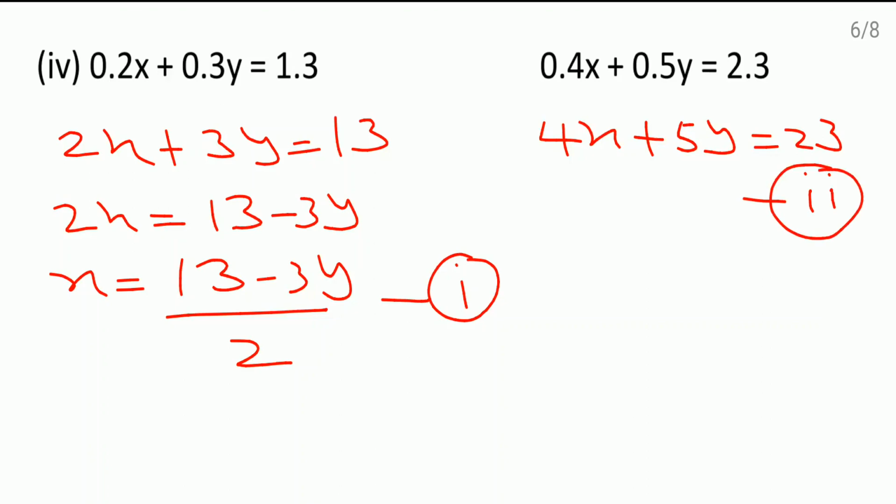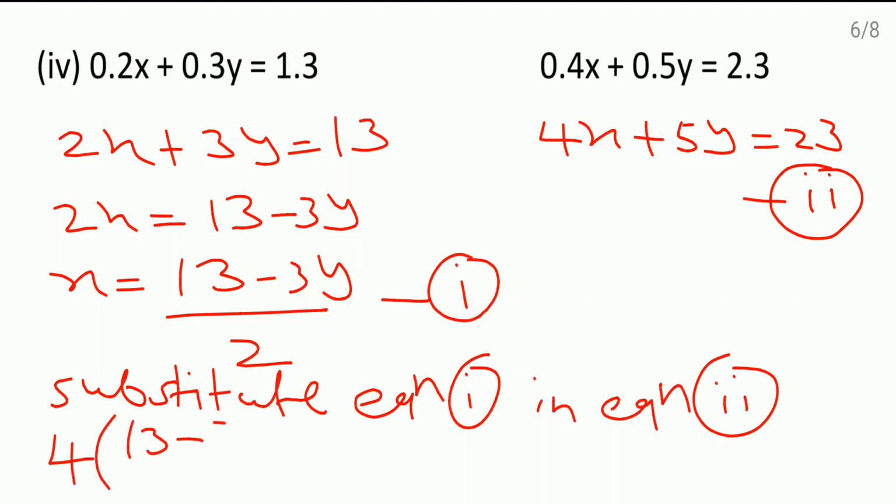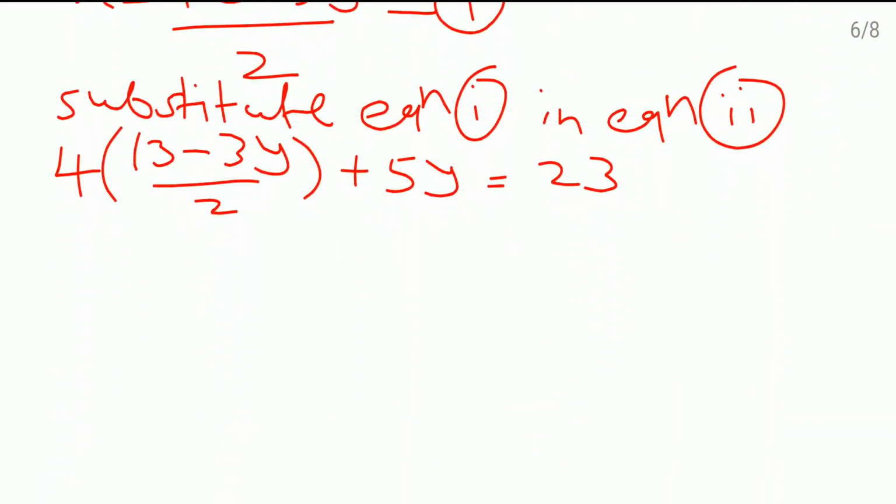Now this value of x I'll substitute in equation 2. So I'll write down here: substitute equation 1 in equation 2. See here, 4 and the value of x is what? 13 minus 3y by 2, plus 5y equal to 23, and then we'll solve it.